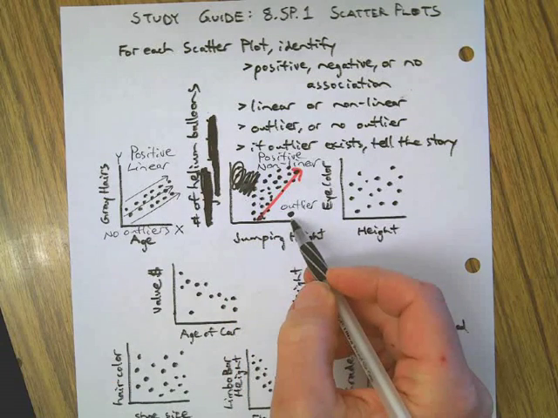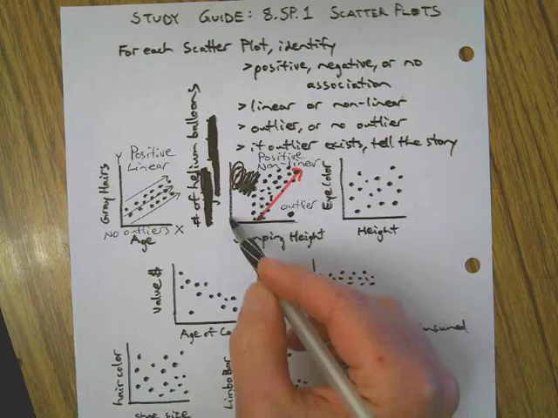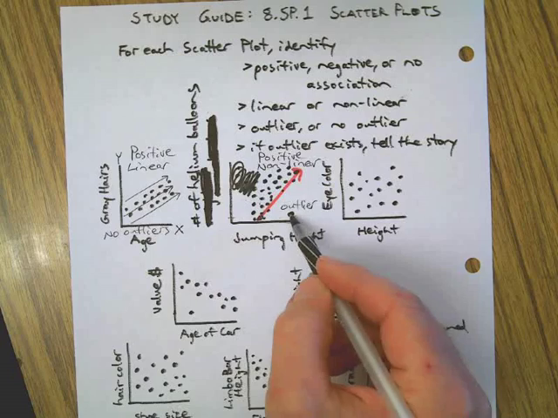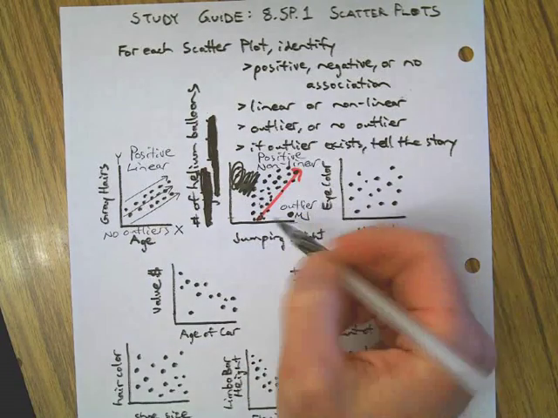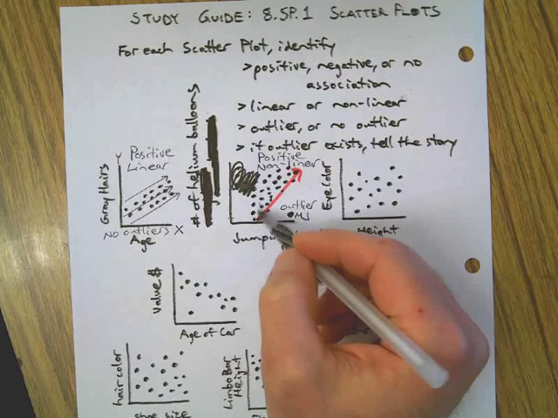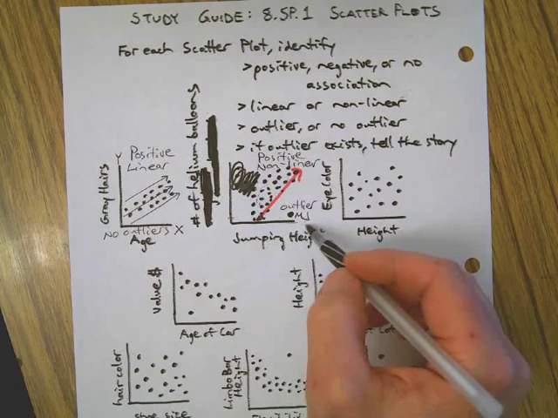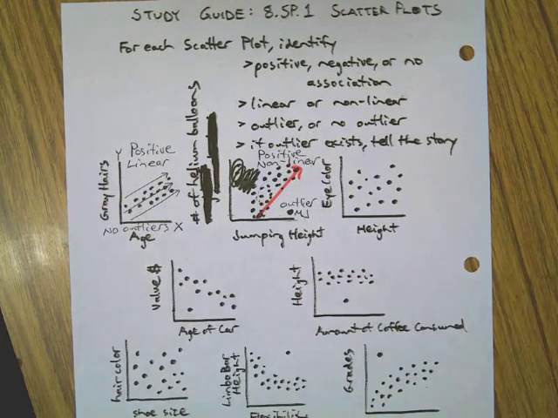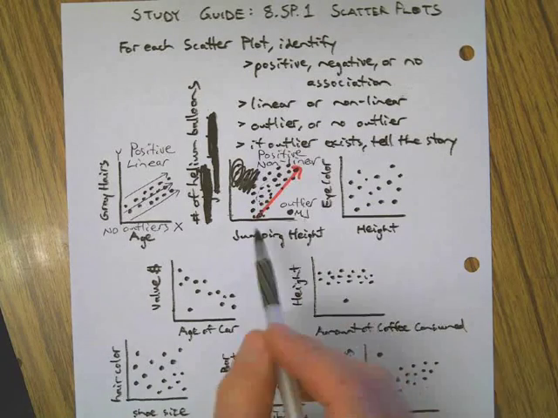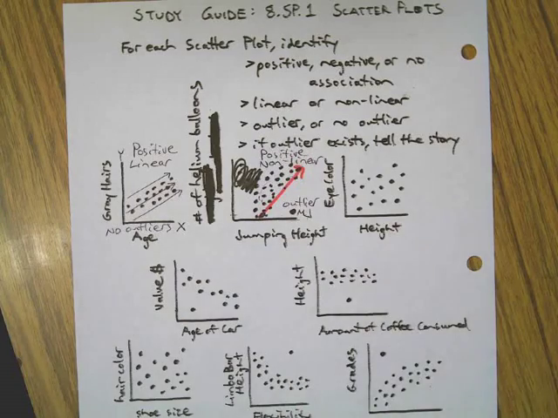This outlier, here's a person that can jump very high with no helium balloons. Let's call that Michael Jordan. Compared to everyone else who needs the helium balloons to jump higher, MJ can jump high without any balloons. So there's how you tell a story about an outlier, kind of using the X and Y values and comparing it to the rest of the crowd.